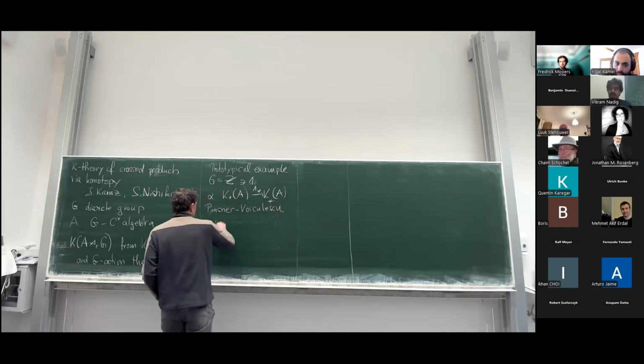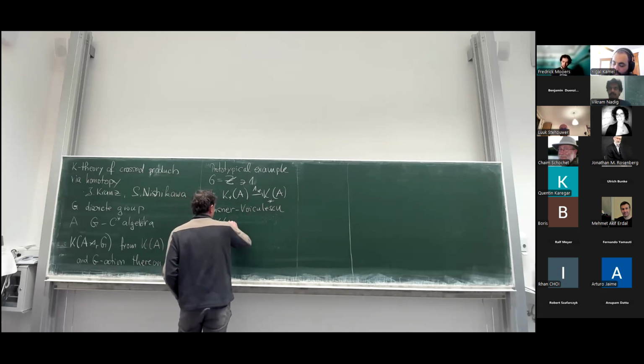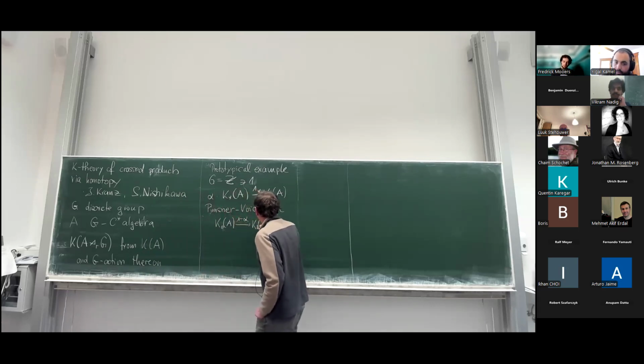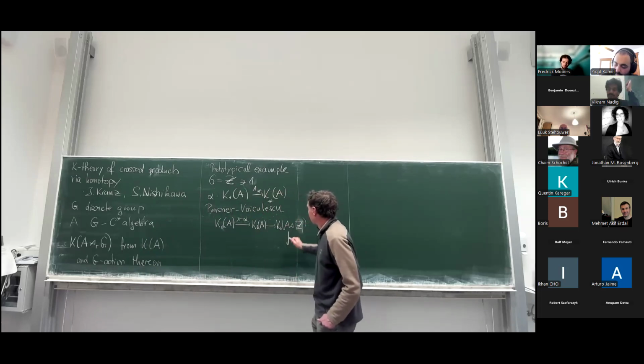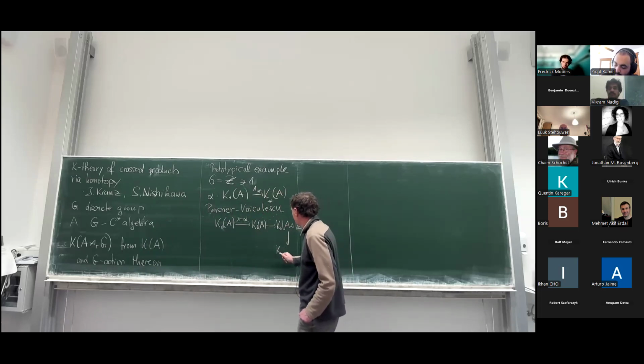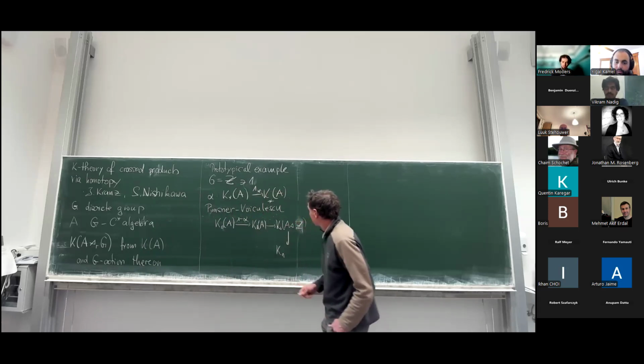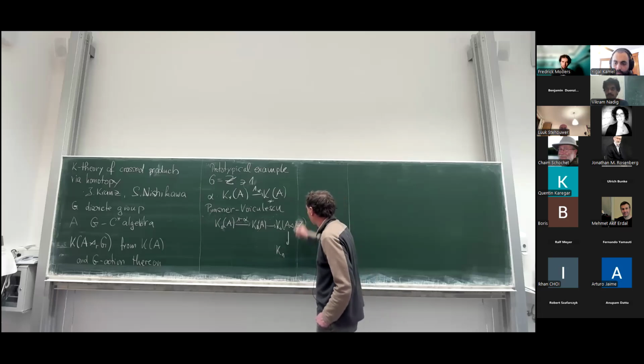Which says that we look at the K-theory, say K naught of A. Then here we have 1 minus alpha on K naught of A, and K naught of the cross product. So in this case, since the group is Z, I don't have to distinguish between the reduced and maximal cross product, so I just leave out the subscript.